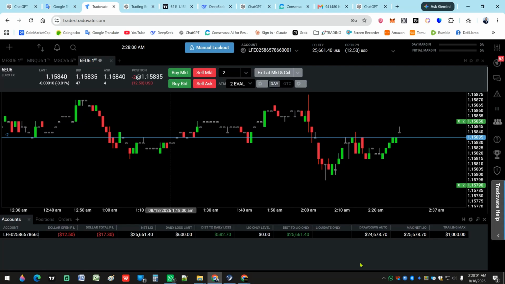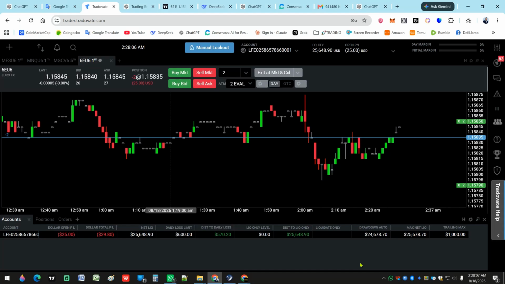Let's see. Nothing is for sure till the price hits the take profit or the stop loss. Simple like that. Almost 30 minutes into the trade.